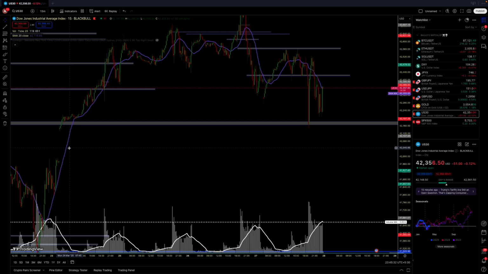It will be wrong to say that it has to cover, but there are high probabilities for the price to cover this huge gap over here.